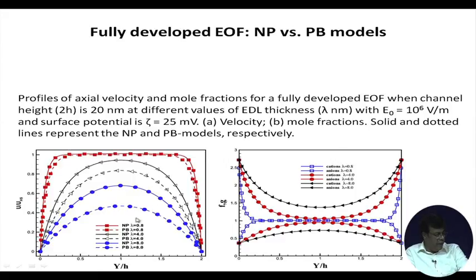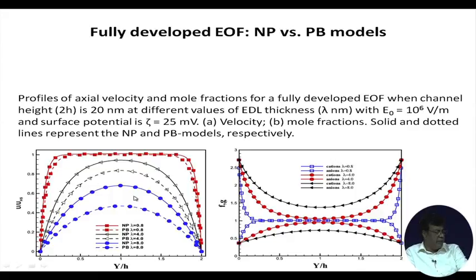But when I increase lambda, the thickness of the Debye layer increases. In other words, the electrolyte concentration is reducing. We find a parabolic flow, like a Poiseuille flow, establishing between the two parallel plate channels.